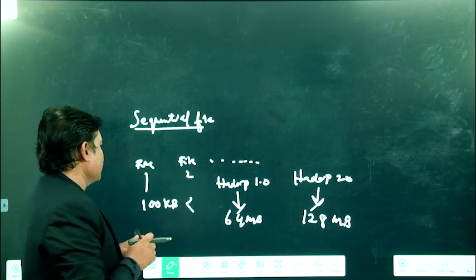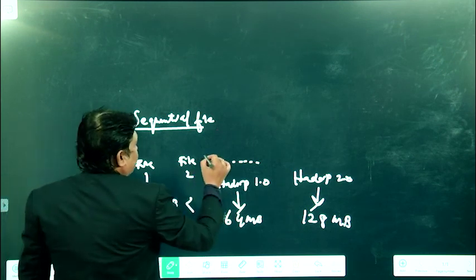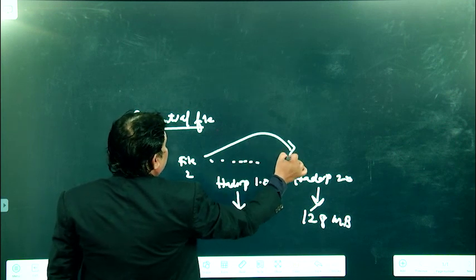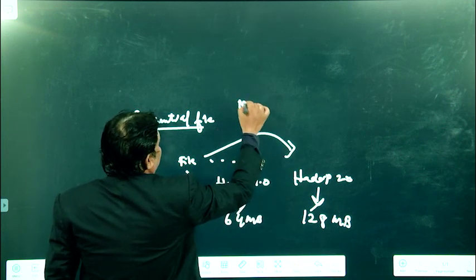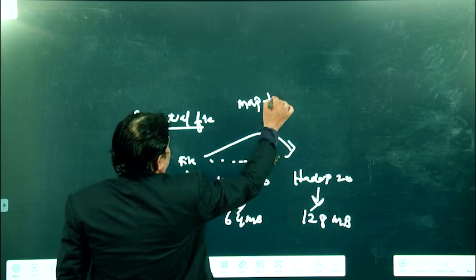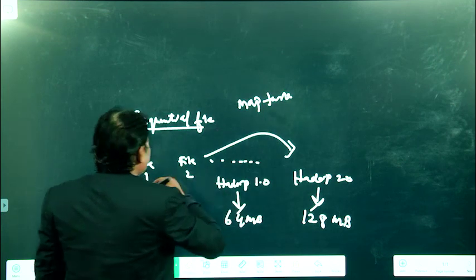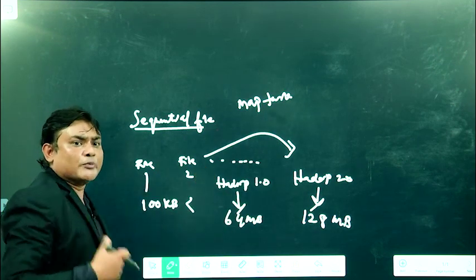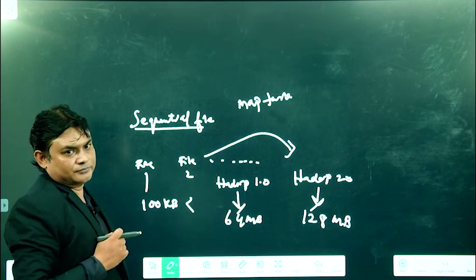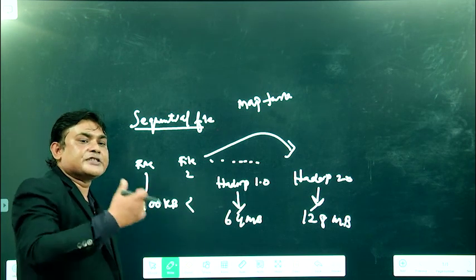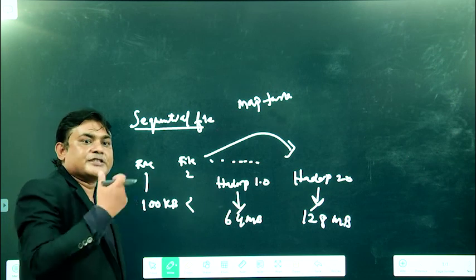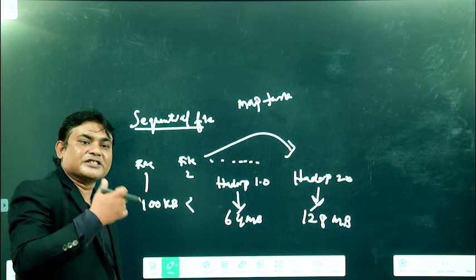A small file is a burden to perform the map task. Because for every file you need to perform a map task, the map tasks will be overloaded, and the execution time becomes slow. This is one of the serious problems.